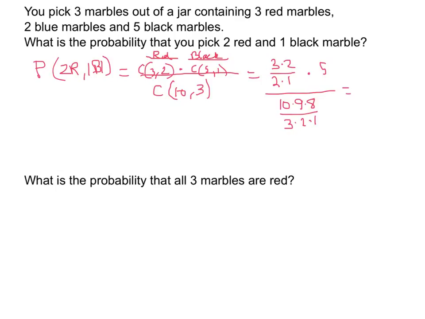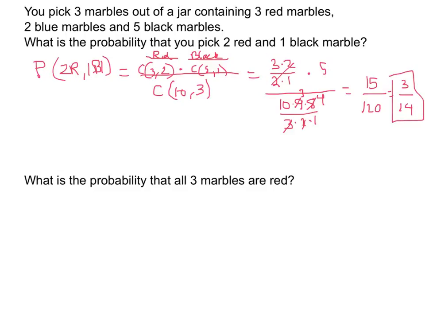So in this example, the 2's cross off and my numerator is just 15. And here I can reduce the 2 with the 8 to give me a 4, and the 3 with the 9 to give me a 3, and I get 15 out of 120, which reduces to 3 out of 24. And that's the probability.